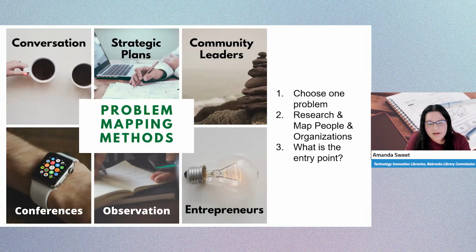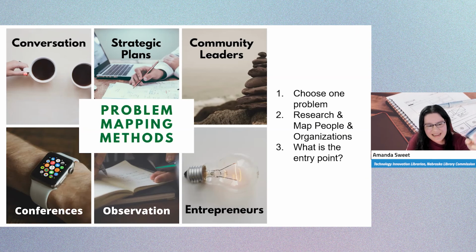When you're trying to figure out different problem mapping methods to find out what your community is actually facing, you can start using community conversation formats. You can pull up strategic plans from different organizations within the community. You can talk to community leaders or individuals.